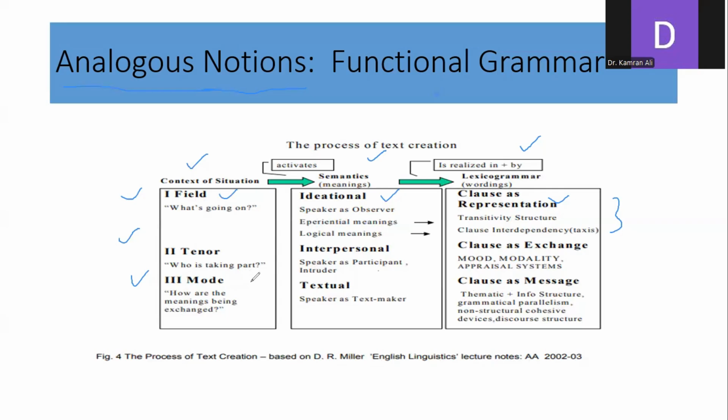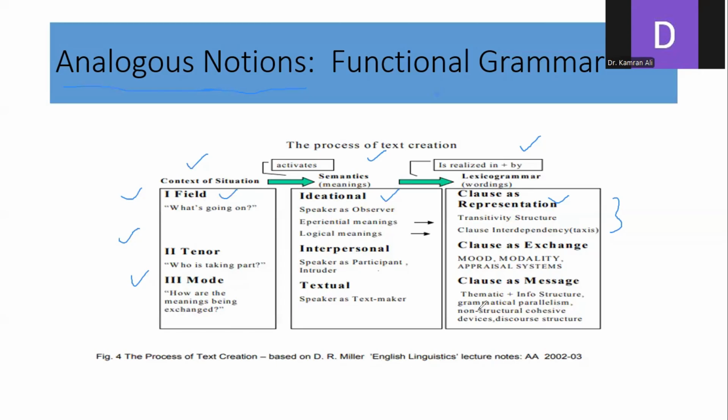Now let's talk about the third category, that is mode. Mode means how are the meanings being exchanged, right? For example, if you're producing a text for an advertisement, right? Okay, of course, then your choices, right? To organize a text, or to create and organize a text and to exchange the meanings in the text with the audience, right?